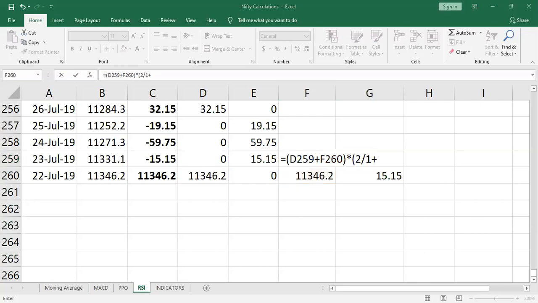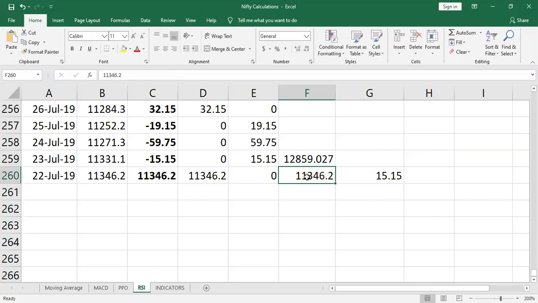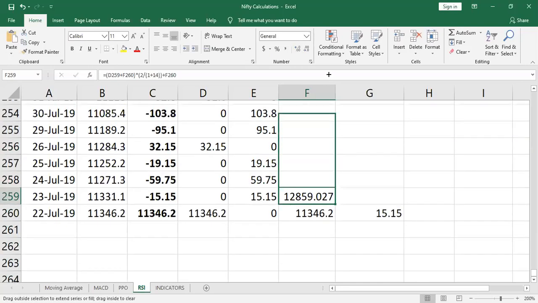So we take 14 plus 1, plus previous price, and copy paste till upward.